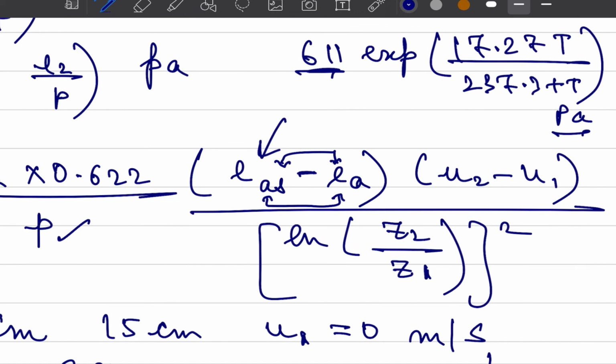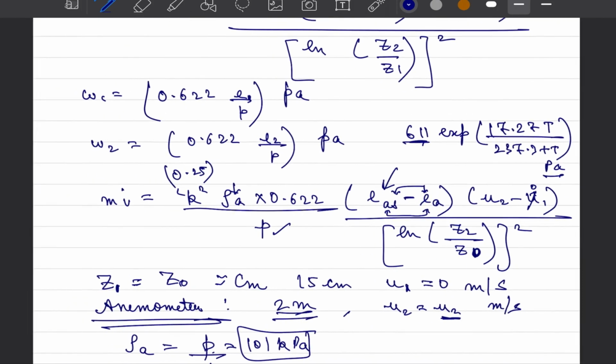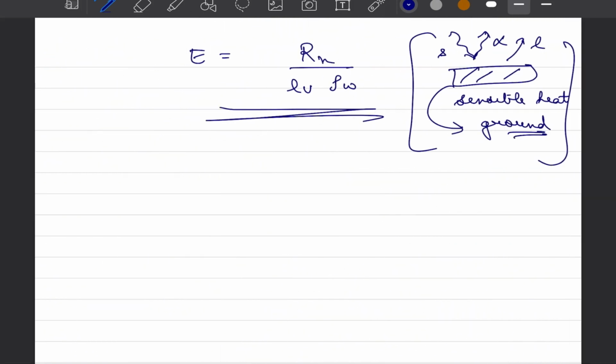Similarly, the larger the difference in velocity, because we put u1 as 0 at z1 equal to z0, the larger the velocity of air at a certain height above the water surface, the more and more water vapors would be pushed aside, making space for new vapors.